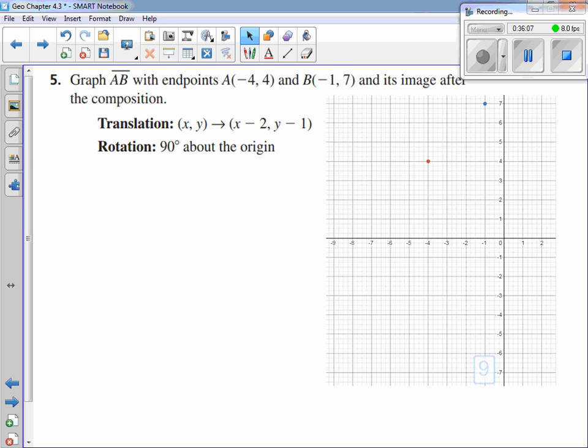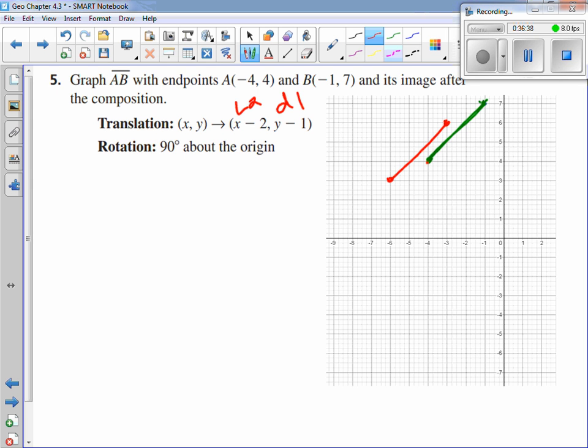Okay. So, last one of the day. We're starting off with this line here. We're going to translate it and then rotate it 90 degrees. Our first translation is going to be left 2 and down 1. So I'll take each one of these points and go left 2 and down 1.